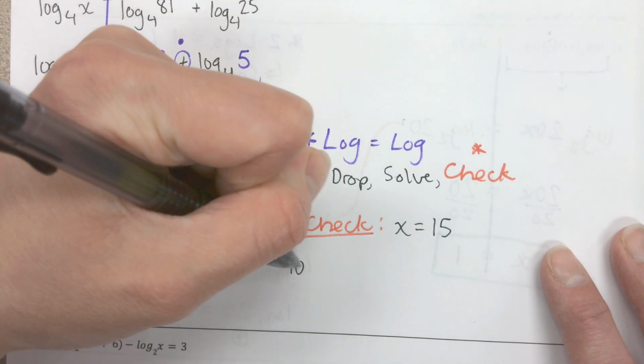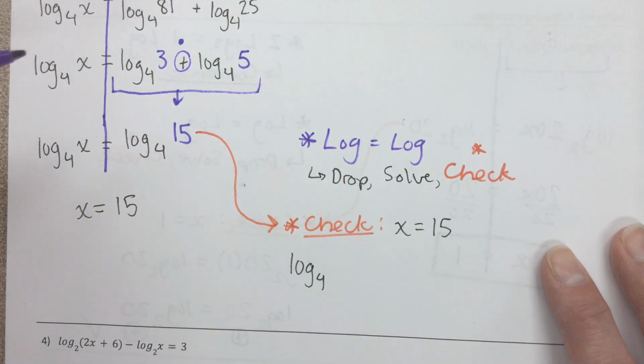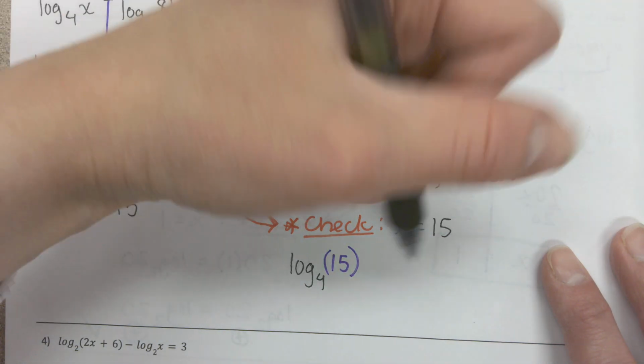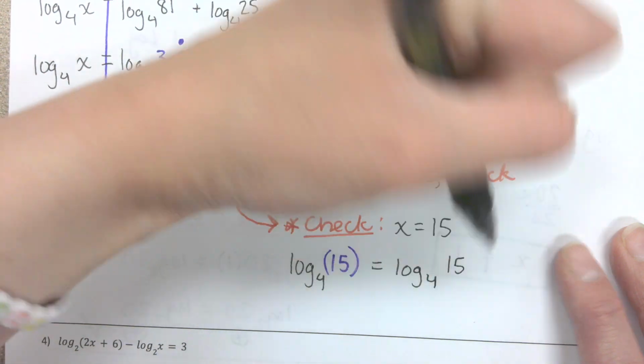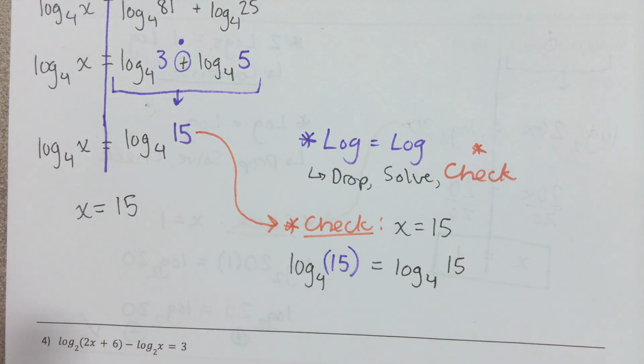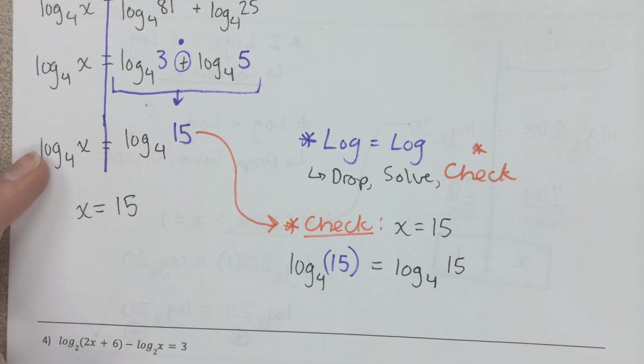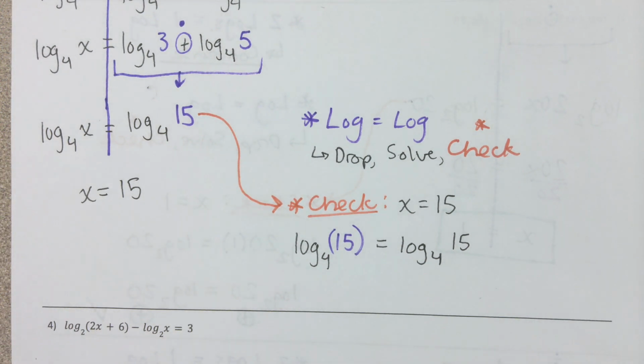We have log base 4 of x, which is 15, equals log base 4 of 15. I wasn't really needing to do anything. We just plugged it in and yeah, it matches and it's positive, so we're good.